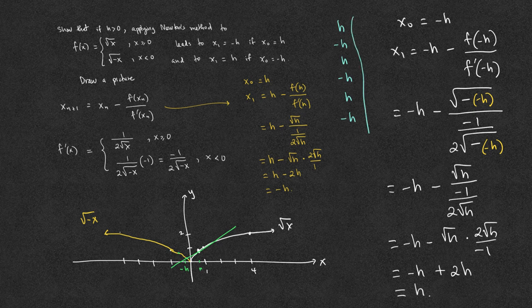We see that this sequence oscillates between positive and negative. It will never go to a finite number. Therefore, this sequence does not converge, meaning there is no solution using Newton's method.